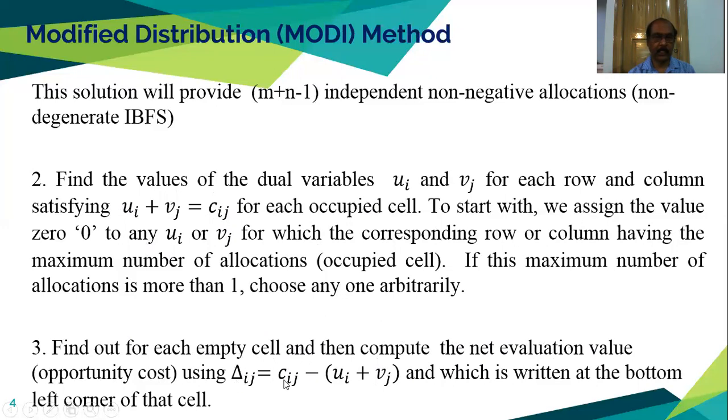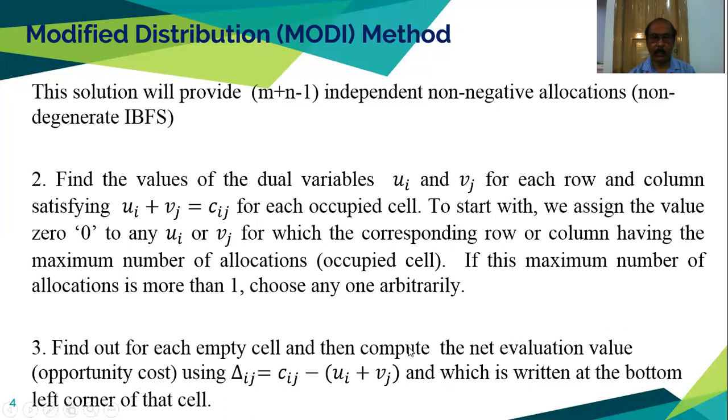Using this, delta ij, you have to calculate cij. Each and every cell has the transportation cost, and we already calculated ui and vj. Cij is there, and for the corresponding ith row and jth column, ui and vj we already calculated. Then we calculate cij minus ui plus vj, which is written at the bottom left corner of the cell.